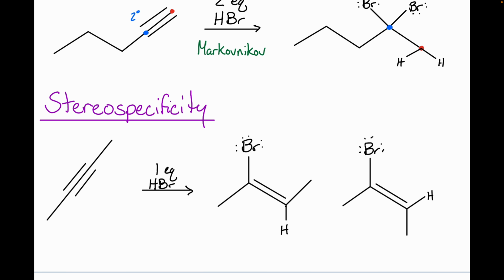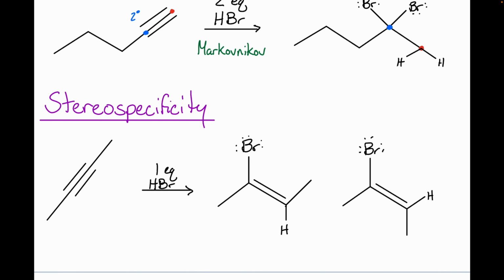All right, I'm not allowed to rotate about that carbon-carbon double bond specifically. So these two here, either I have these methyl groups on opposite sides, or I have these methyl groups on the same side. All right, so these are two distinct possible products here.